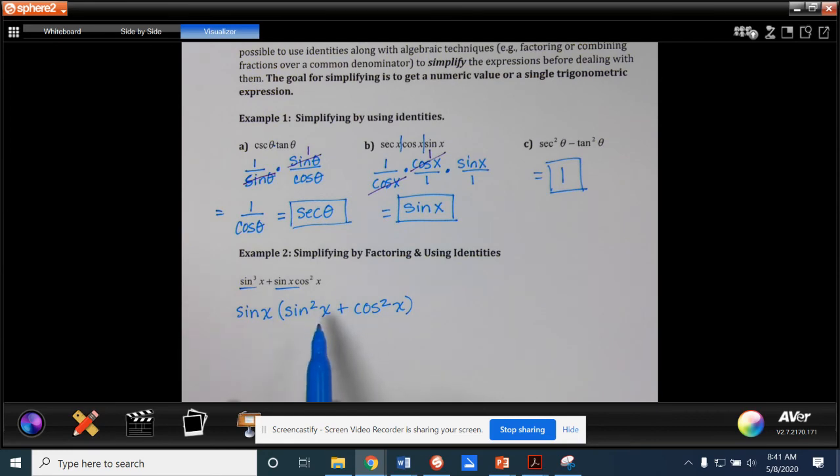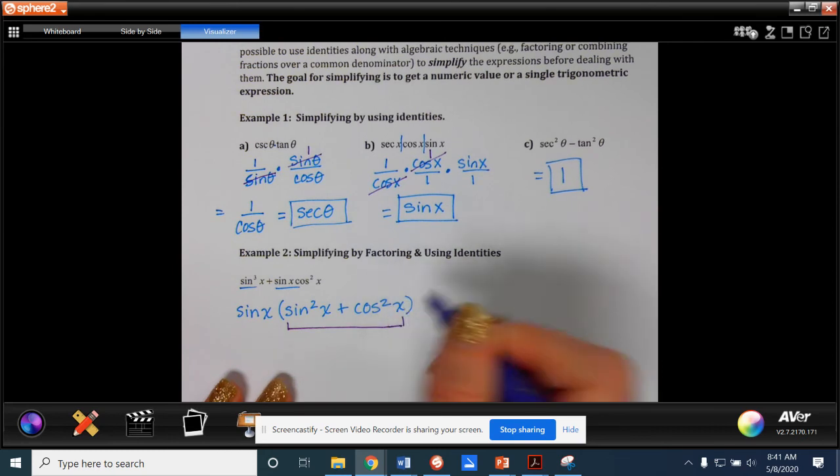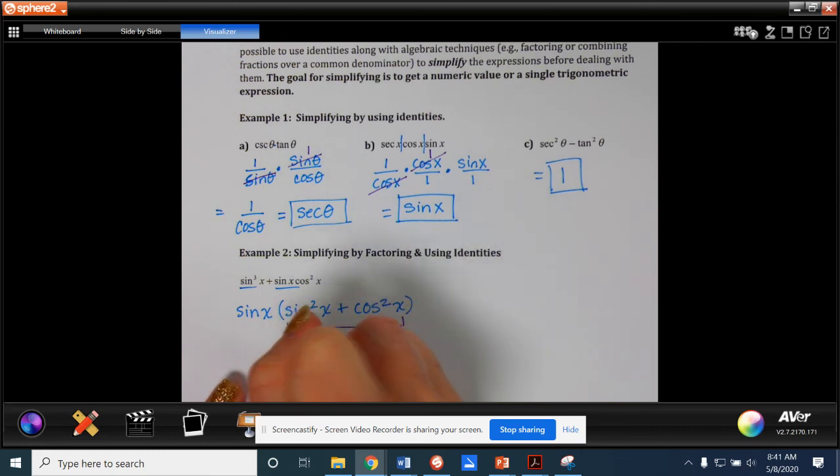We add exponents when we multiply. That would give me sine cubed. And then sine x times cosine squared is just sine x cosine squared x. And that's what the second item is, excuse me. Now remember what this is right here. This is a Pythagorean identity.